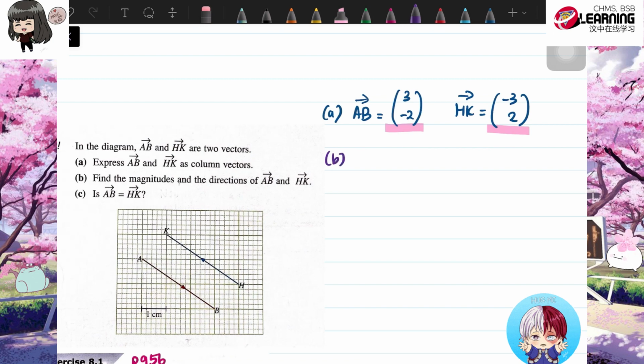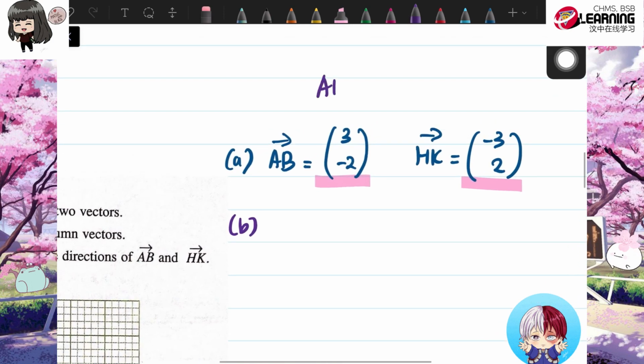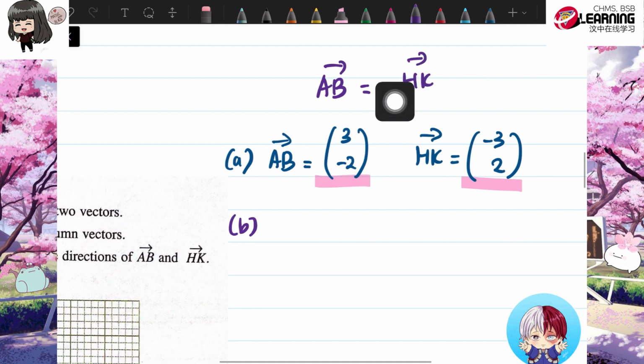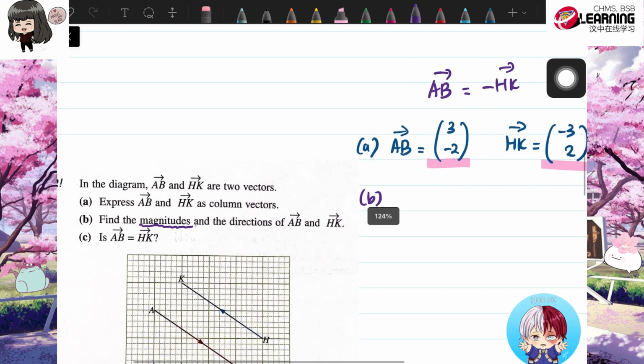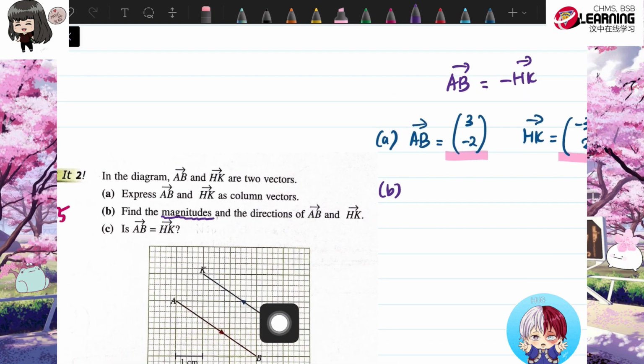Part B, we need to find the magnitude. Before finding magnitude, let me explain a bit on AB and HK here. Basically, you can see that AB is equal to negative of HK, because if this whole thing is negated, this one will become positive 3, the same, and this one becomes negative 2, the same. So AB is actually equal to negative of HK because it's the anti-direction.